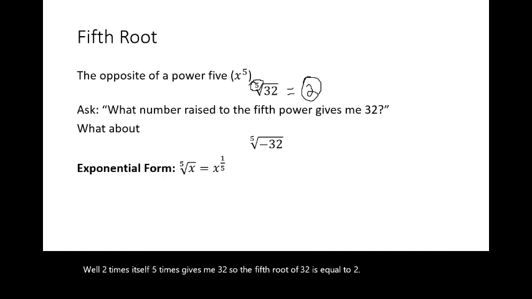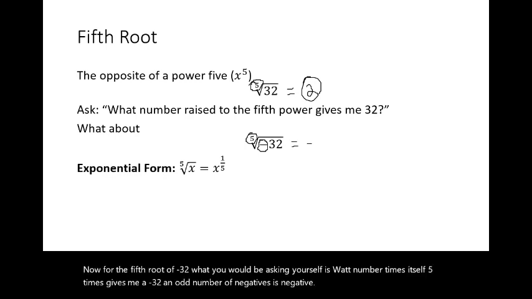Now, for the fifth root of negative 32, what you would be asking yourself is what number times itself 5 times gives me negative 32. An odd number of negatives is negative. So the fifth root of negative 32 is actually negative 2.